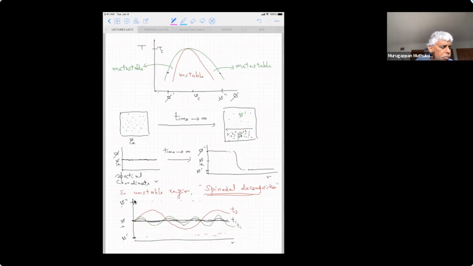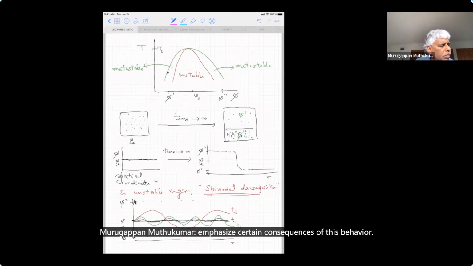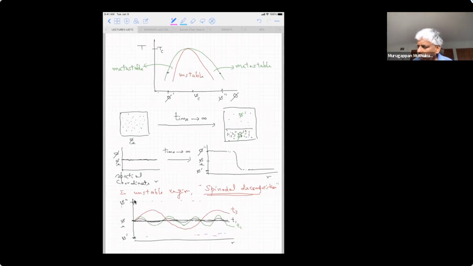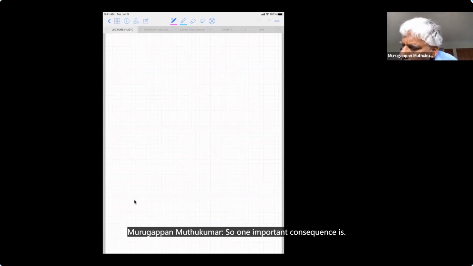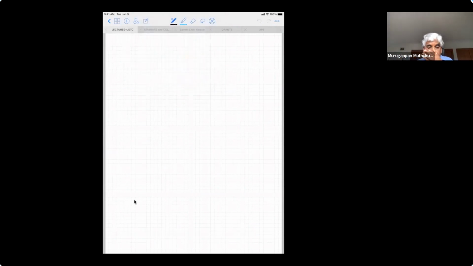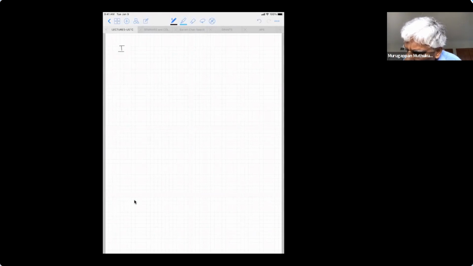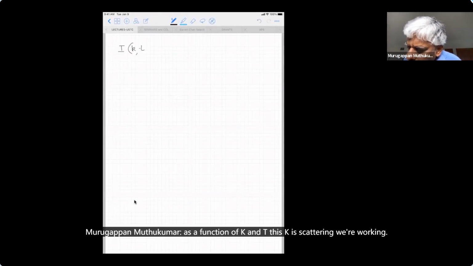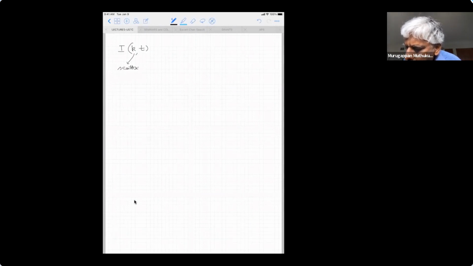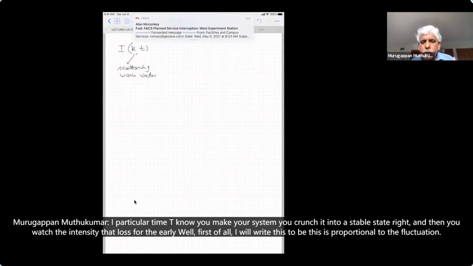Now, let me emphasize certain consequences of this behavior. One important consequence is rate. That is, if I look at the scattering intensity as a function of K and T, where K is the scattering wave vector, in your experiments at a particular time T, you quench your system into the unstable state, right?